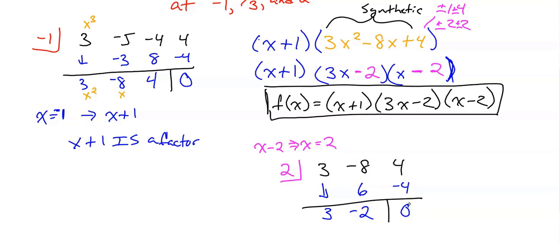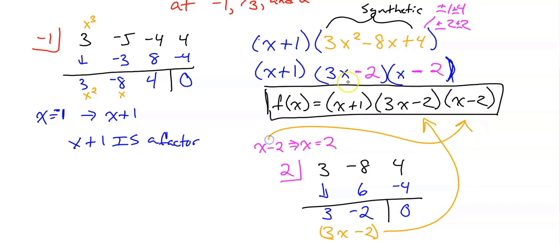And we can see that x minus 2 is a factor. We know that this becomes 3x minus 2. So we get the same factors as when we factored it out on our own.